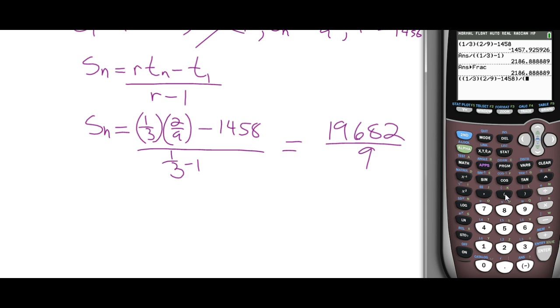So this is the top expression enclosed in brackets, right? Because this fraction bar means evaluate the numerator, evaluate the denominator, so I'm going to go another bracket, 1 divided by 3 minus 1. Okay, so this is the denominator. So evaluate the numerator, evaluate the denominator, then do the division. And let's just say I want it as a fraction. So before I even hit it, I'm just going to say convert that to a fraction. And it still doesn't. That's so weird.